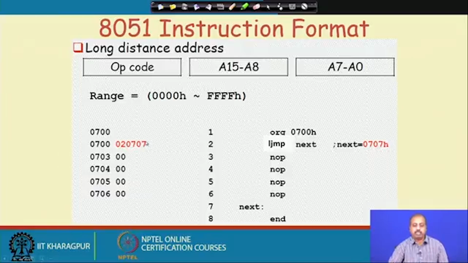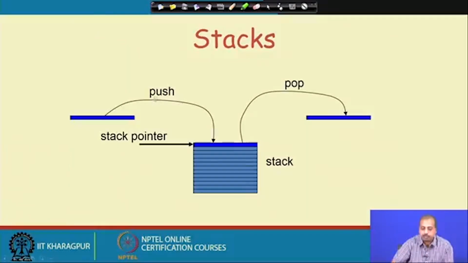That way LJMP is slightly costly in terms of memory requirement, and when this microcontroller is used, you know that memory space is scarce. We would like to save as much memory as possible in the code part. So, if it is not absolutely necessary, we should not use LJMP. We should restrict ourselves to the AJMP instruction, because that will require 1 byte less, otherwise there is no difference.